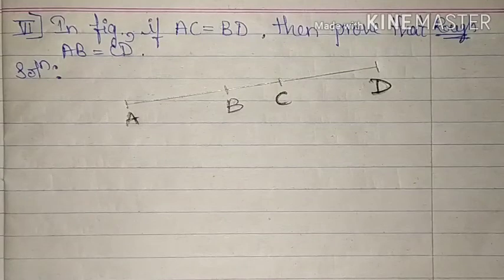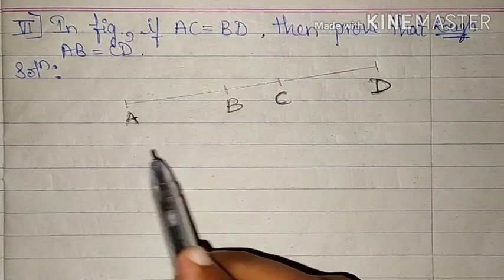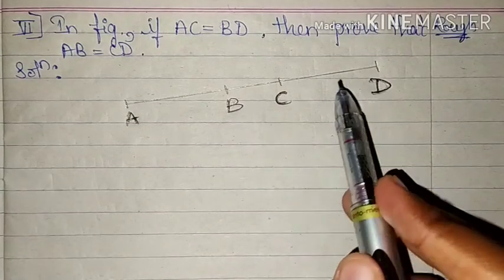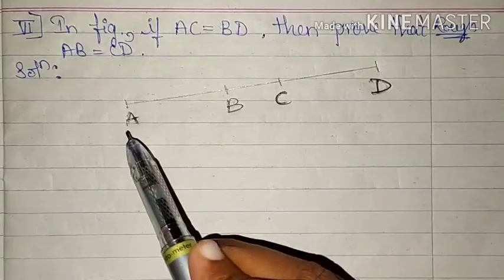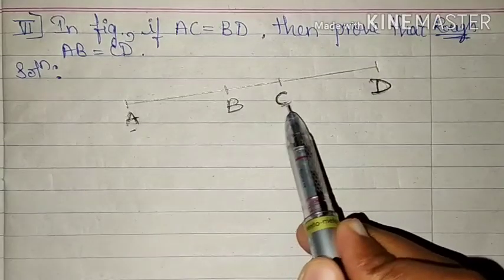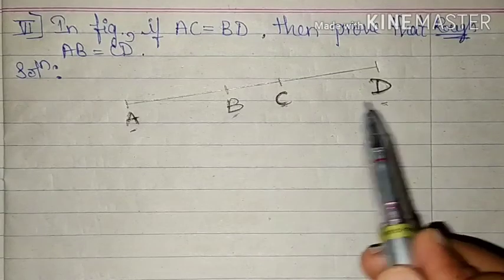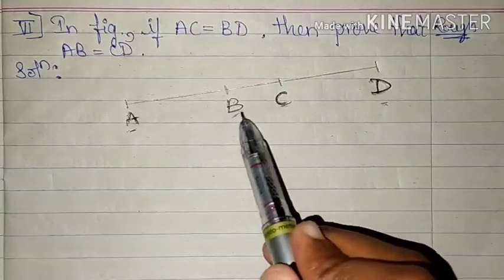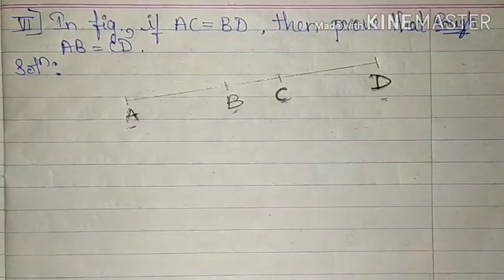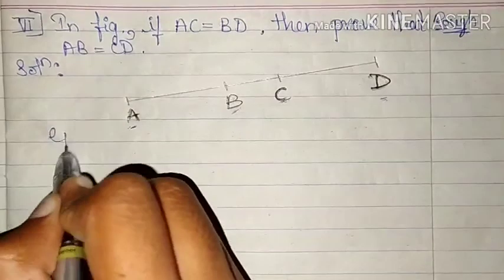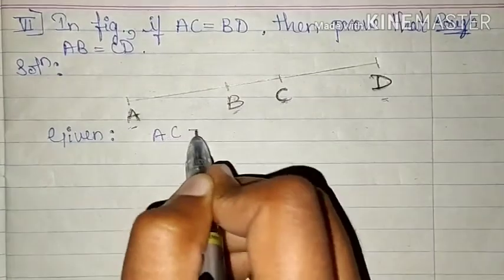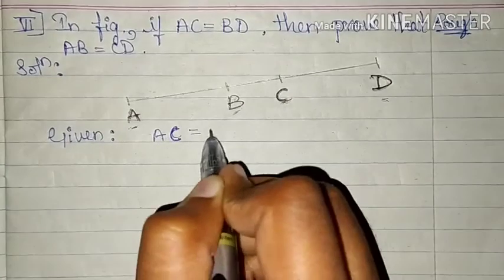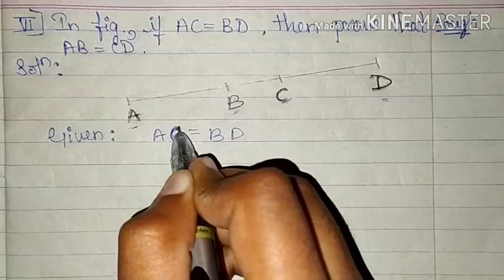In the sixth question, in the figure given below, if AC is equal to BD, then prove that AB is equal to CD. They have told us the line segment AC is equal to line segment BD. We are supposed to prove AB is equal to CD. So first let us write down given AC is equal to BD.